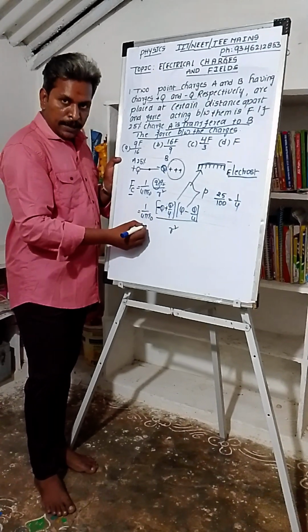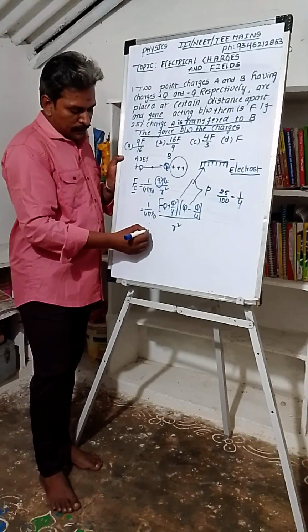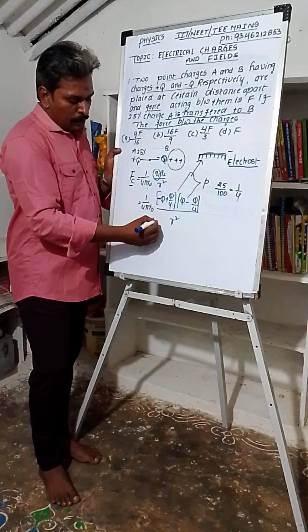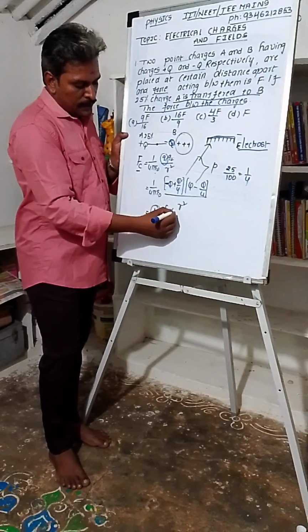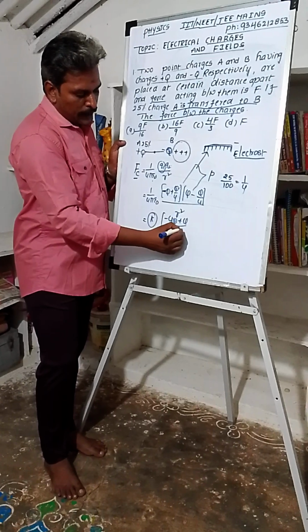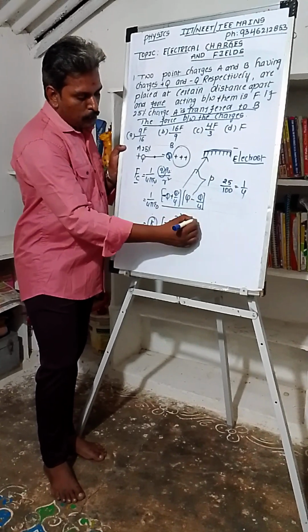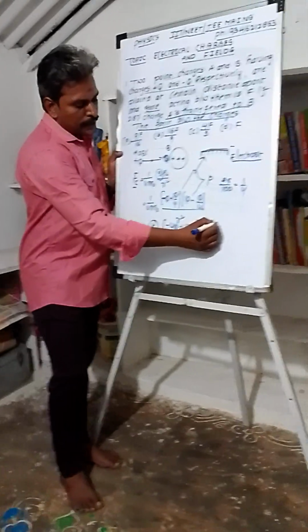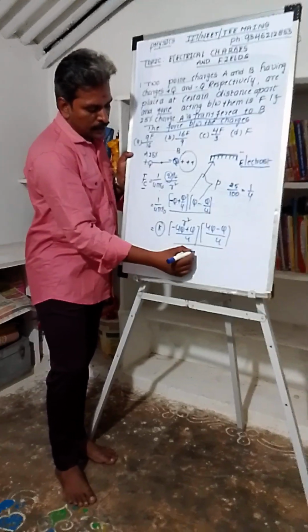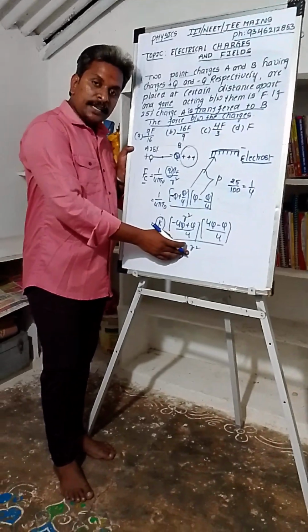So 1 by 4 pi epsilon naught is nothing but a constant, that is k. Now I am writing minus 4q plus q by 4, and here 4q minus q by 4, whole divided by r square. Why am I writing r square?